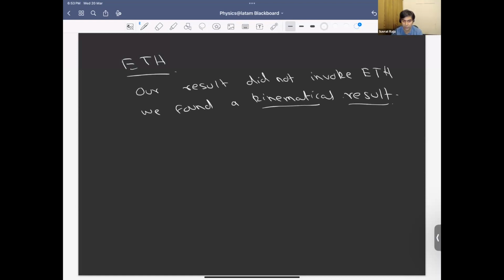The reason our result works is because we are saying we want to look at typical pure states. If you look at typical pure states, you don't need the ETH to say typical pure states look like thermal states. The ETH is a statement that if you pick an individual energy eigenstate, then that individual energy eigenstate is also supposed to look like a thermal state for some observables. But an individual energy eigenstate could be very atypical.